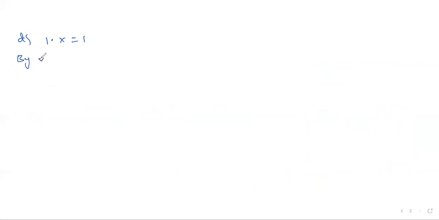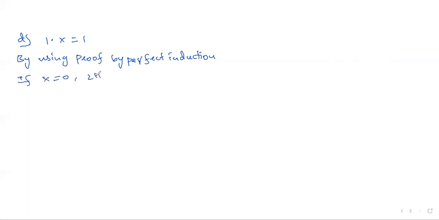So by using proof by perfect induction, if the x value is 0, taking LHS, 1 and x, I am substituting the x value as 0, then it will be 1 and 0, which is 0.